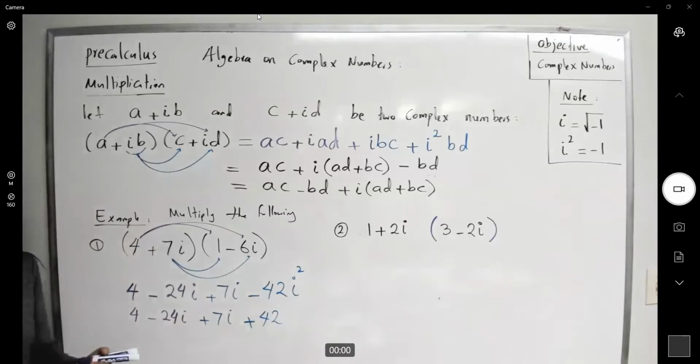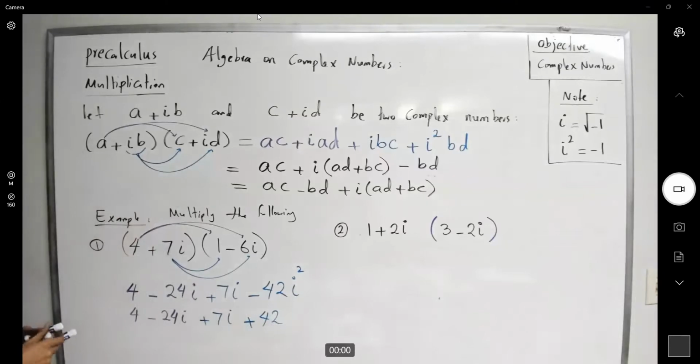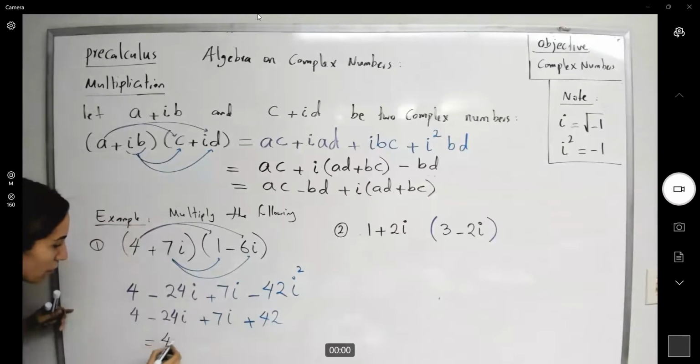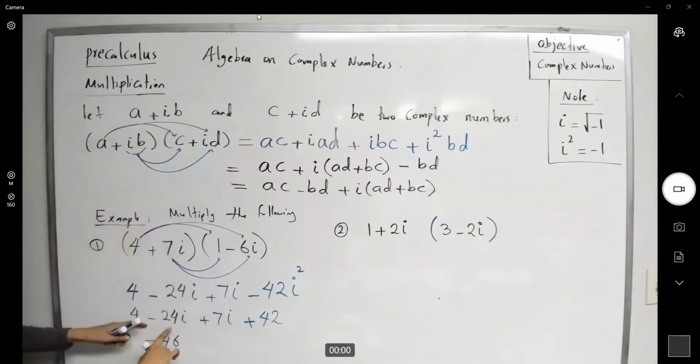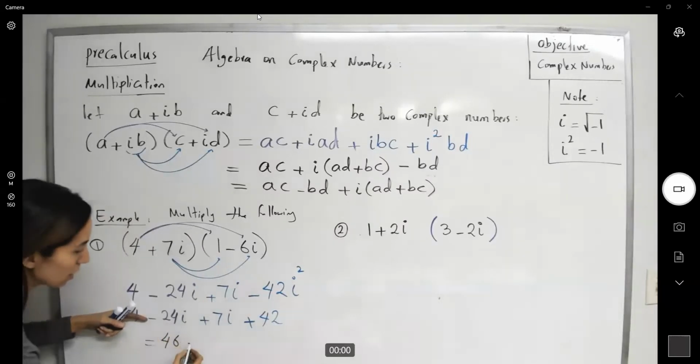That's the transformation that we see here. So we have 4 plus 42, which is equal to 46. And here you have -24i plus 7i. We do the subtraction between these two because the larger number is a negative number. So we get negative.